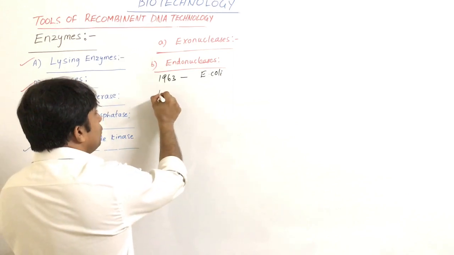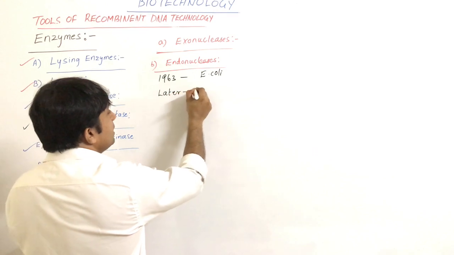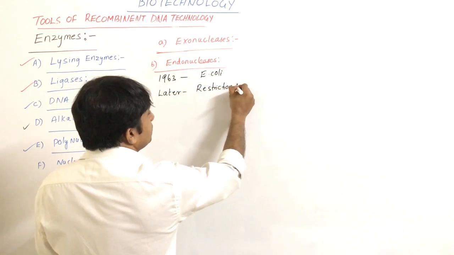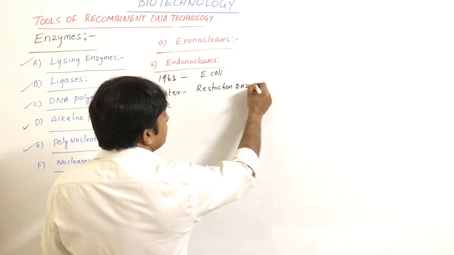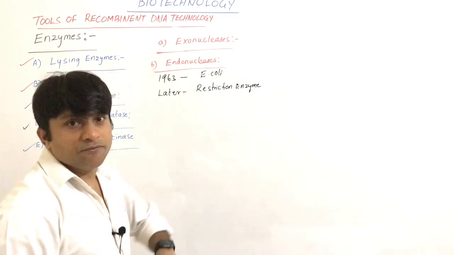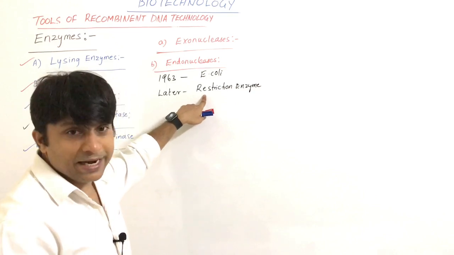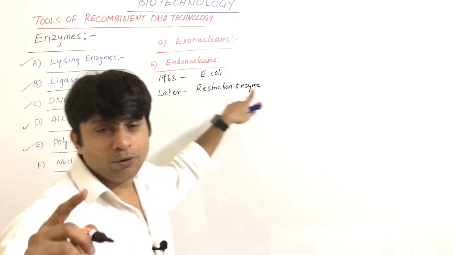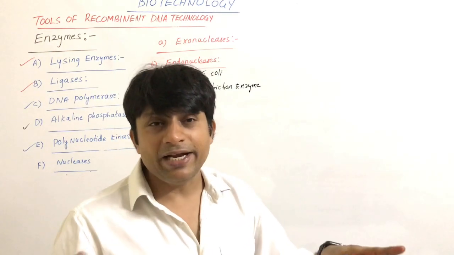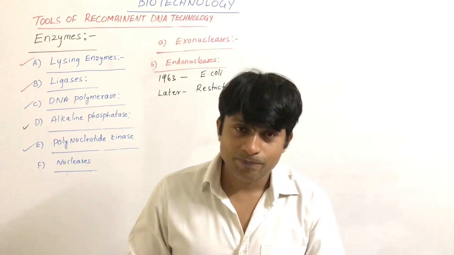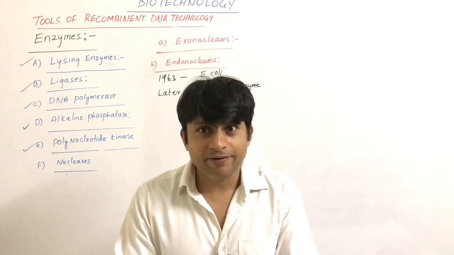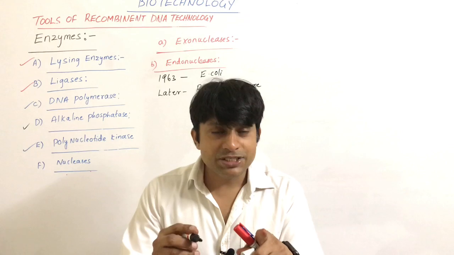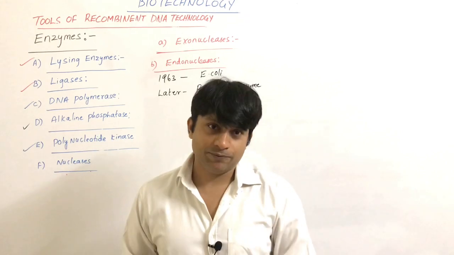The latter was called a restriction enzyme. So this is what we are calling restriction endonuclease enzyme. Restriction endonucleases are isolated from prokaryotes because it is their natural defense mechanism against bacteriophage infection.